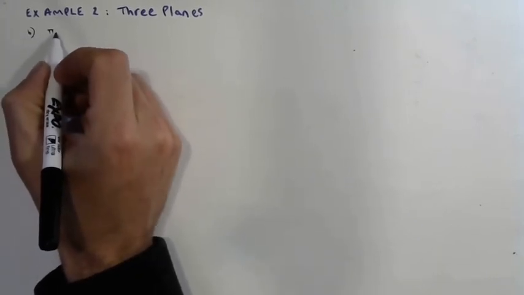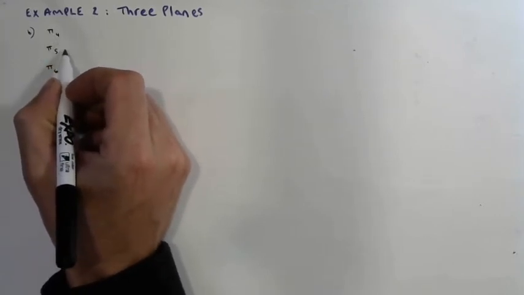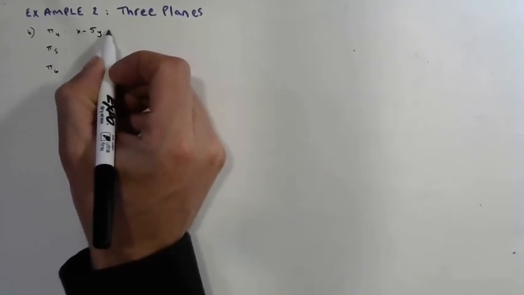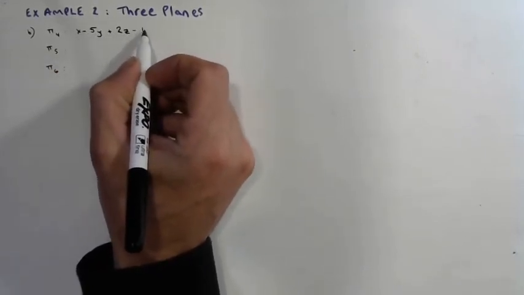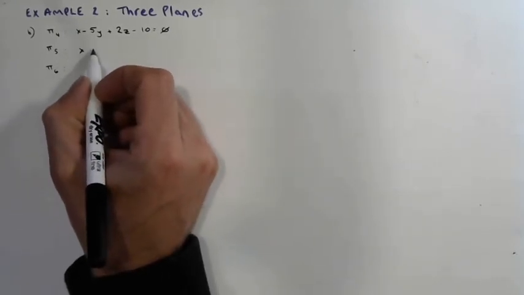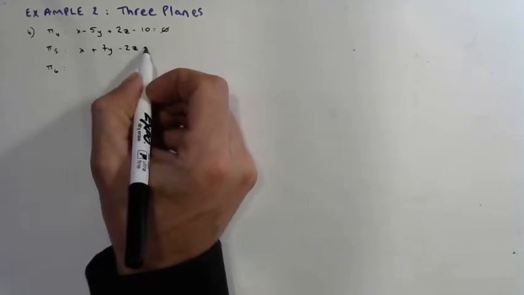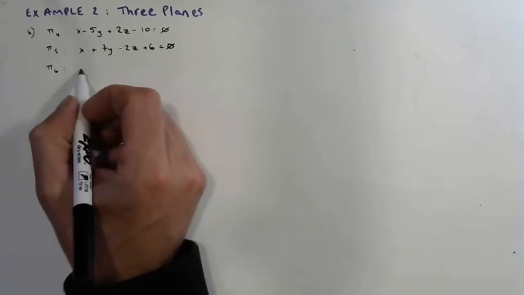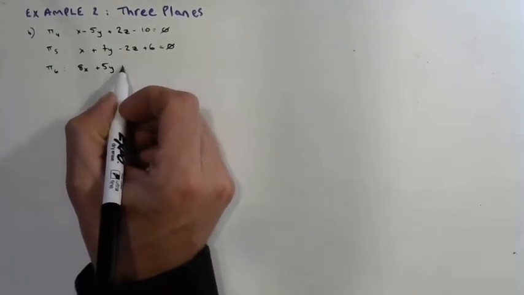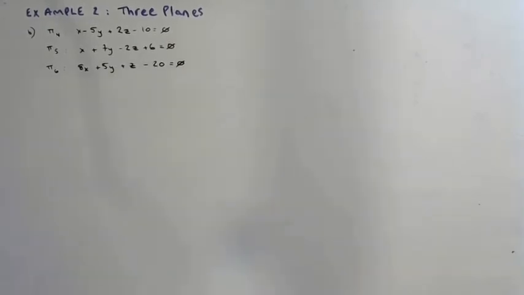We are given plane 4, plane 5, plane 6. Plane 4 is x minus 5y plus 2z minus 10 equals 0. Plane 5 is x plus 7y minus 2z plus 6 equals 0. Plane 6 is 8x plus 5y plus z minus 20 equals 0.